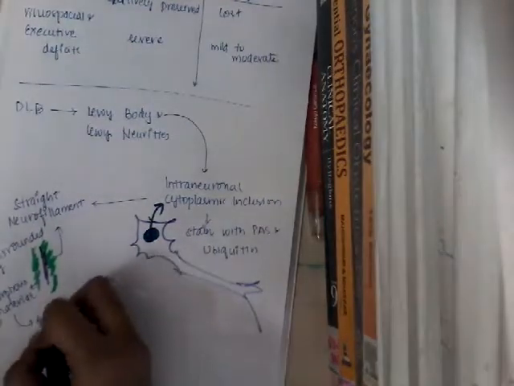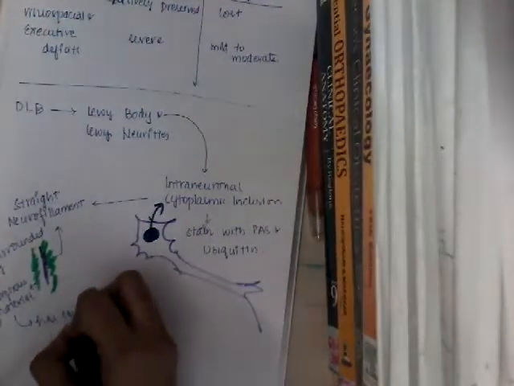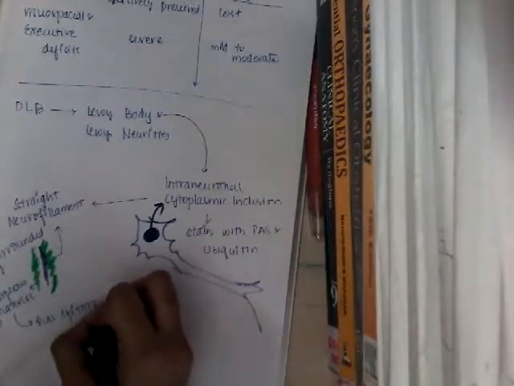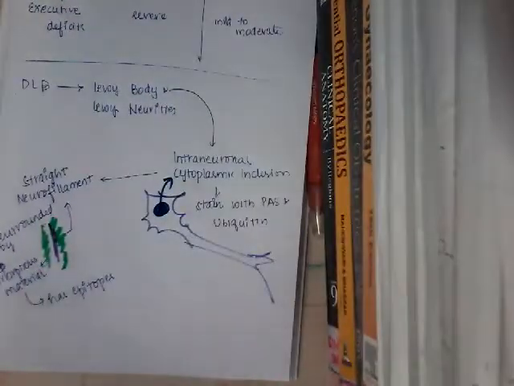This amorphous material has epitopes. So this is what is generally seen in Lewy bodies.